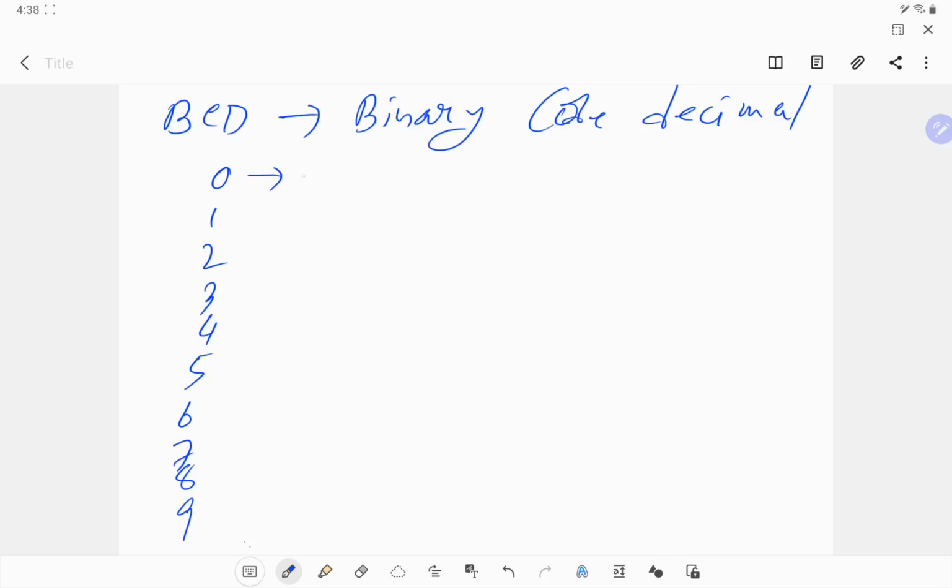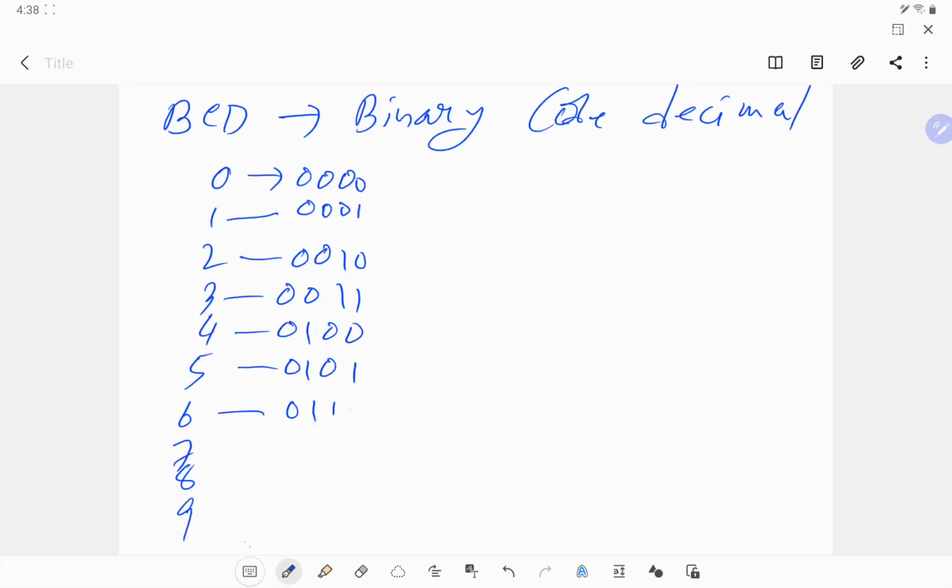So we can represent 0 by 0 0 0 0, 0 0 0 1, 0 0 1 0, 0 0 1 1, then 0 1 0 0, 0 1 0 1, 0 1 1 0, 0 1 1 1. So how many we got so far? 1, 2, 3, 4, 5, 6, 7, 8. Then we have 1 0 0 0. Then finally 1 0 0 1. Okay, so these are 10 representations.